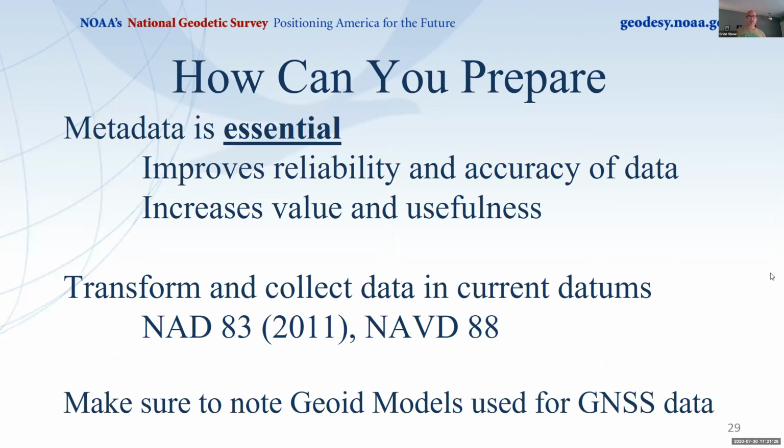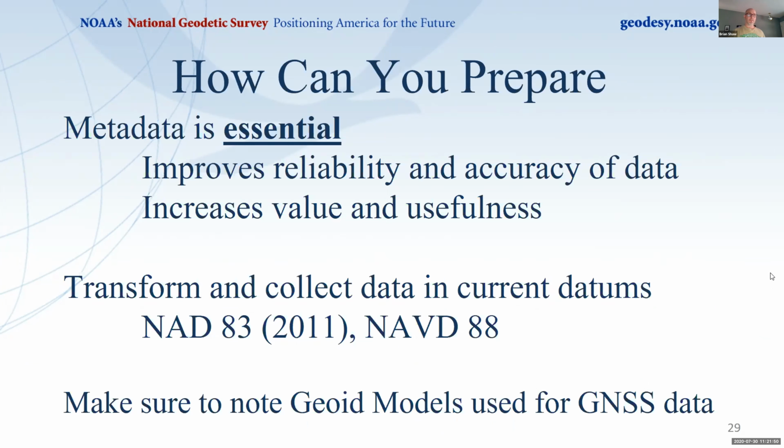So how you can prepare: metadata is going to be essential. You need to know what your data was collected in, how it was processed, how it was transformed, and having all of this information tracked, so if something incorrect was done, you can back that out. As well as if you're collecting heights with GPS, you need to make sure you know what geoid model was used for that height.